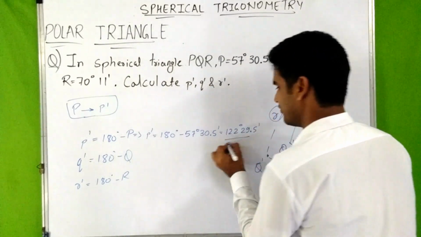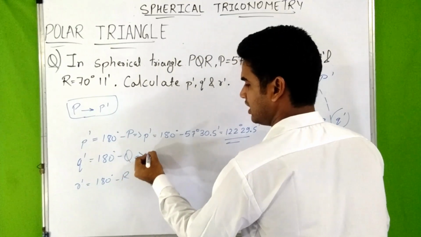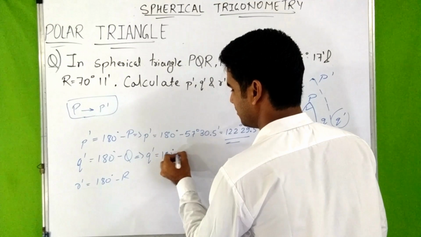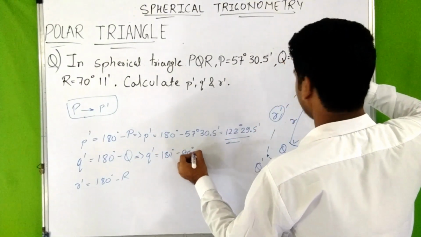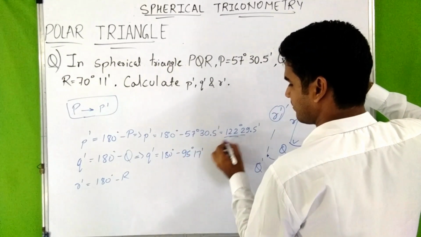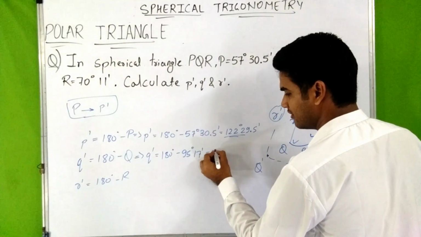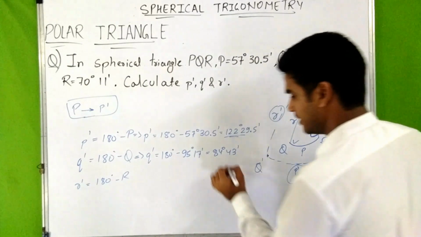So this is the value of small p dash. Similarly for small q dash, the value is 180 degree minus the value of capital Q. So it is 95 degree and 17 minutes. By putting this on the calculator, you will get 84 degree and 43 minutes.